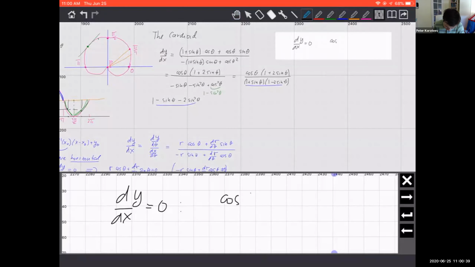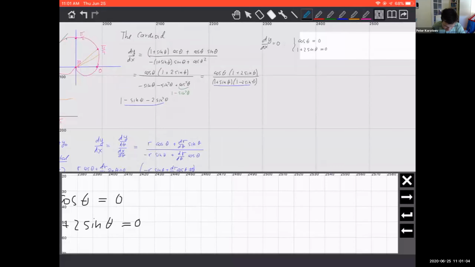Cosine theta is equal to 0 and 1 plus 2 sine theta is equal to 0. We can find the solutions of these equations, but then we need to check that the denominator does not vanish.